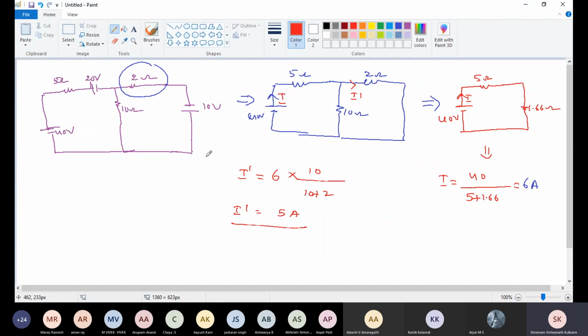Now the same way we need to calculate by considering 20 volt. Then this 40 volt and 10 volt will be short circuited. Then we consider only 10 volt, and the 20 volt and 40 volt will be short circuited.